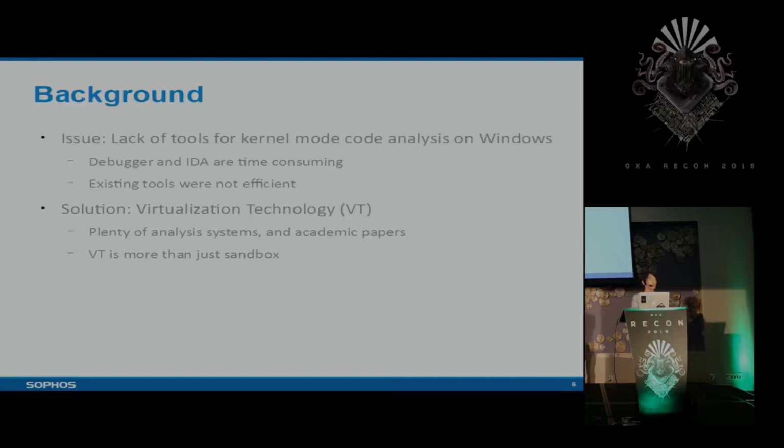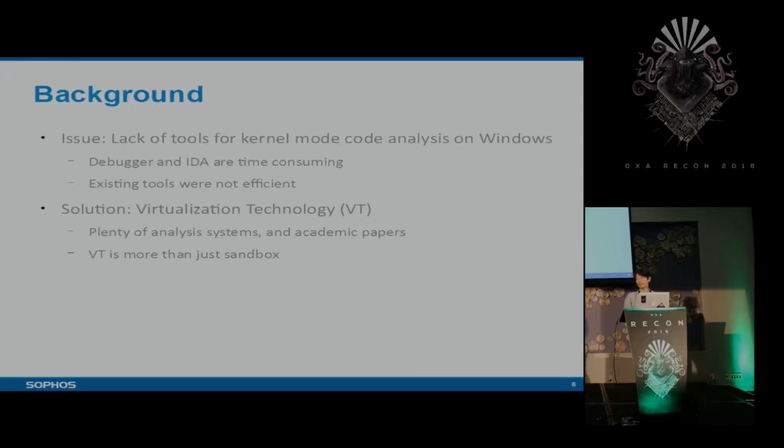So you can set neither breakpoint nor hook to monitor its activity. And Igor also wanted a new tool to analyze the Windows kernel because he constantly dealt with rootkits for his research. Debugger and IDA always work, but it is also time-consuming. So those tools weren't quite efficient.